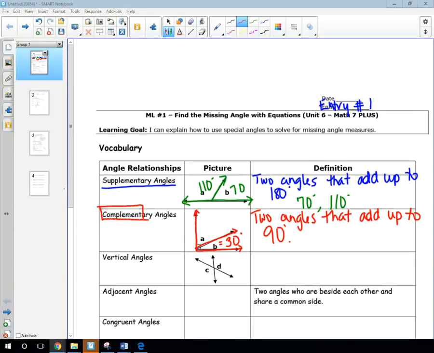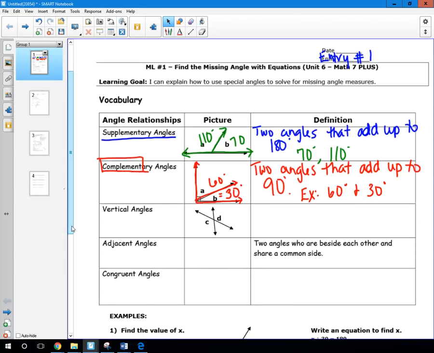We could work backwards and we could figure out that if B is 30, then 90 minus 30 means A has to be 60. So an example of two complementary angles would be 60 degrees and 30 degrees, okay?